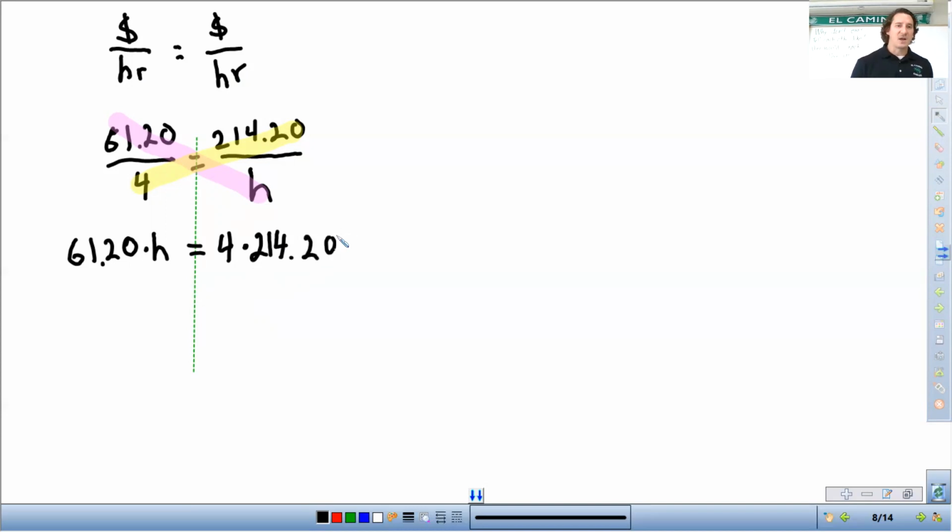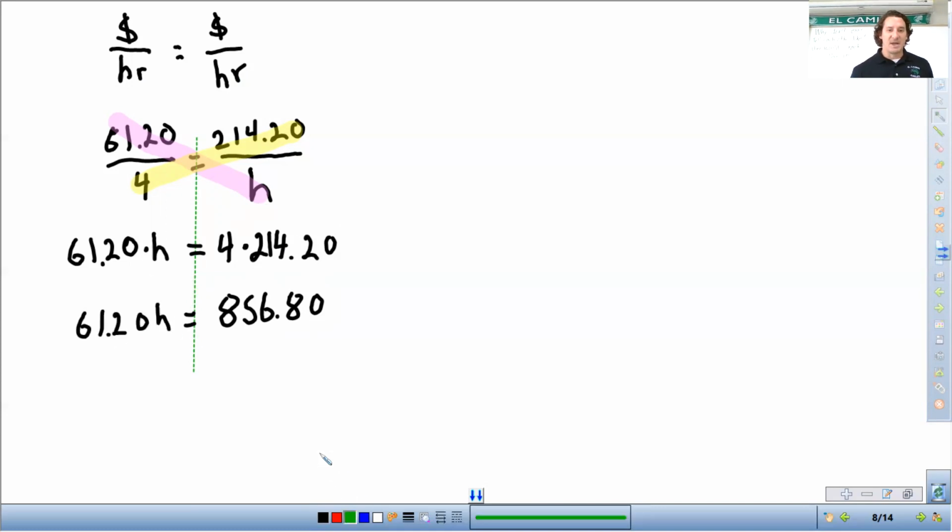You can go ahead and use a calculator for that. I don't expect you to be able to do that in your head. So 4 times 214.20 comes out to 856.80. And Delta Math actually has a calculator attached to it, so you can use the Delta Math calculator too.